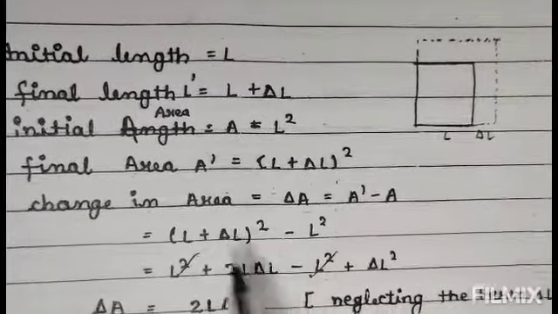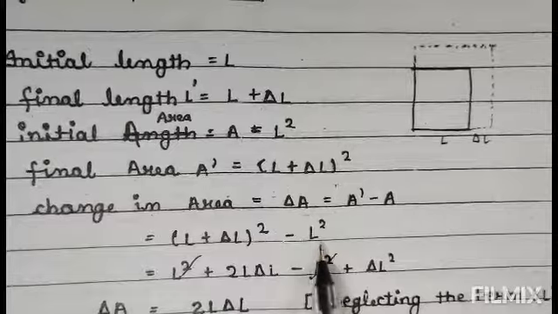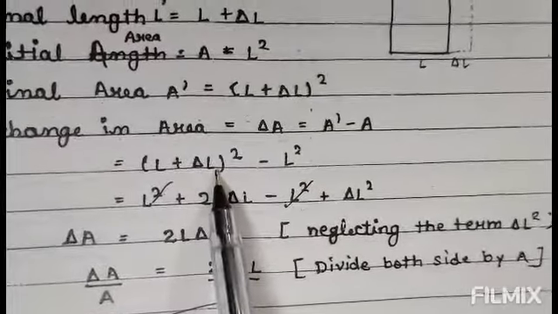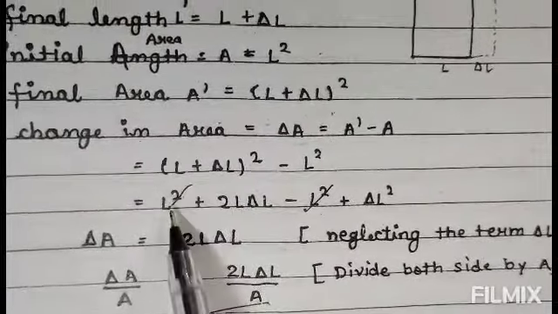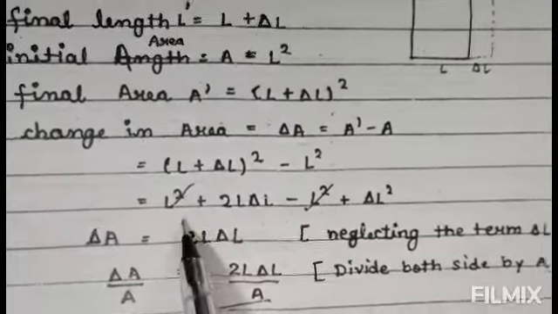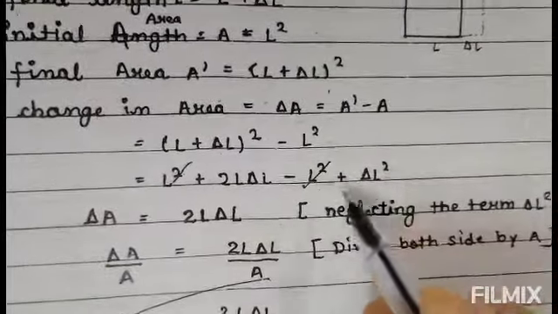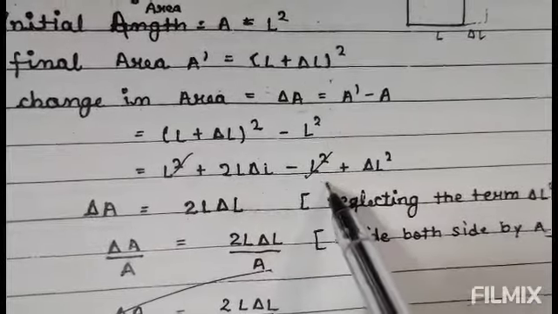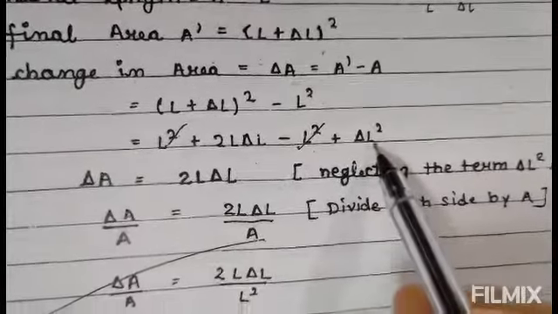The final area is L plus del L the whole square, and the initial area is L square. Here we will apply the identity of A plus B the whole square. In the same way we will get L square plus 2L del L plus del L square, minus L square. So this L square is cancelled, remaining 2L del L plus del L square.